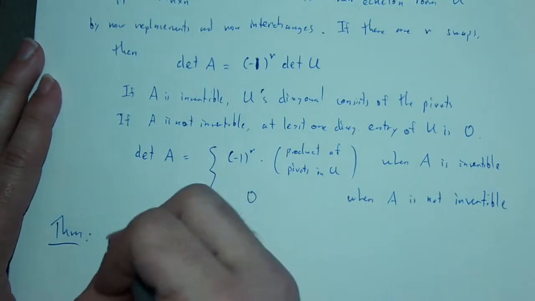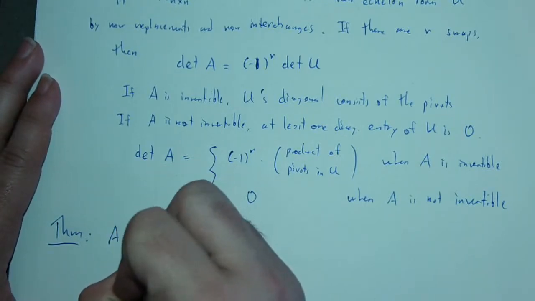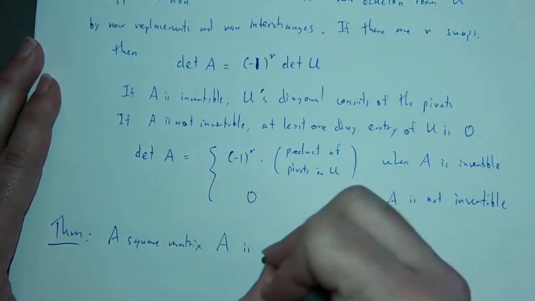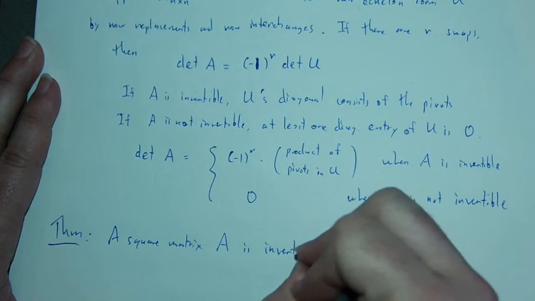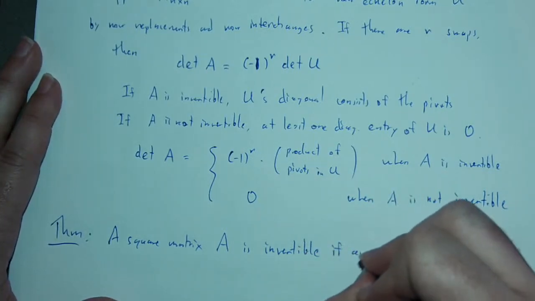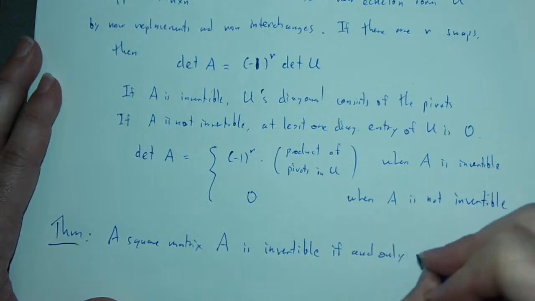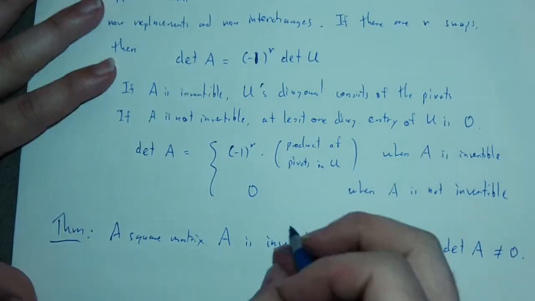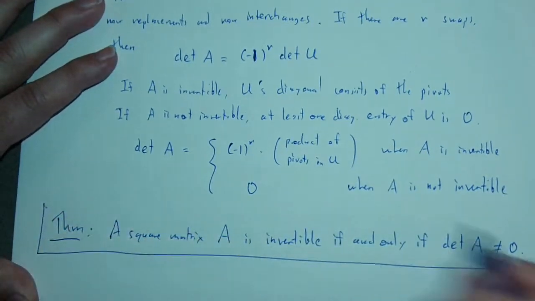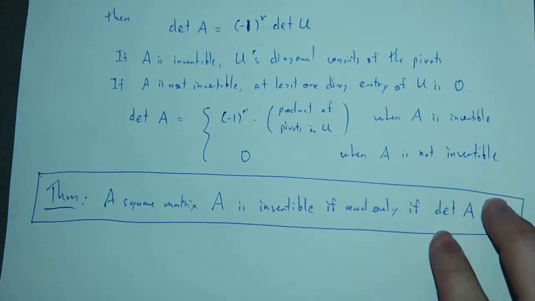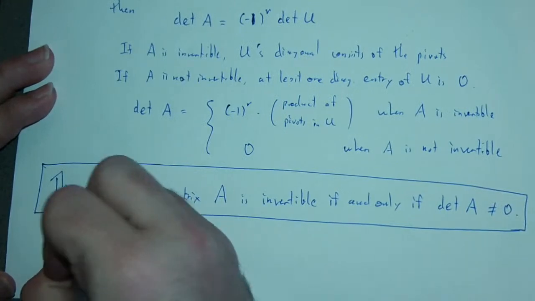A square matrix A is invertible if and only if the determinant of A is non-zero. This is the most important thing to know about the determinant.